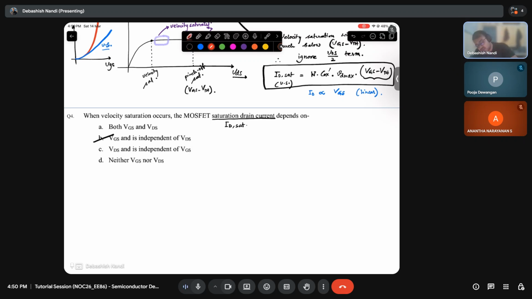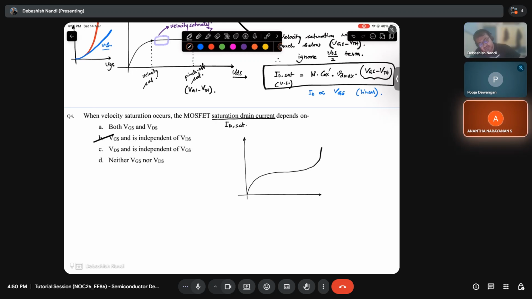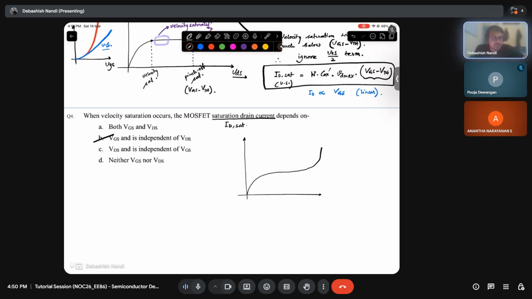If you want to see the actual ID-VD characteristics, there will be many things. So what I am telling you is, depending upon bias voltage and multiple situations, your actual ID-VD characteristics will be something like this.